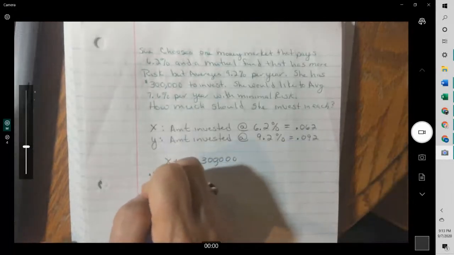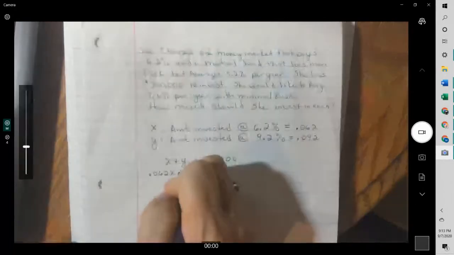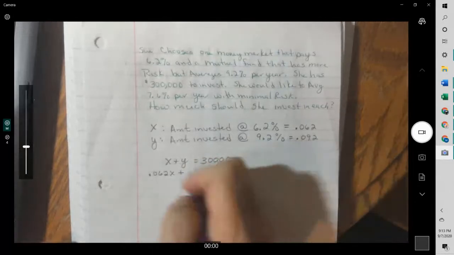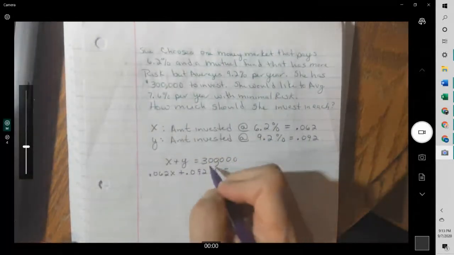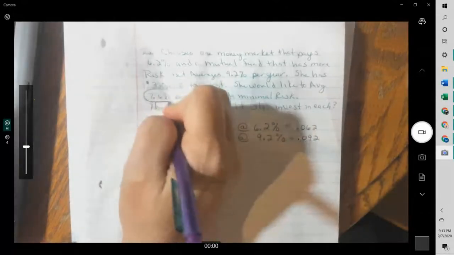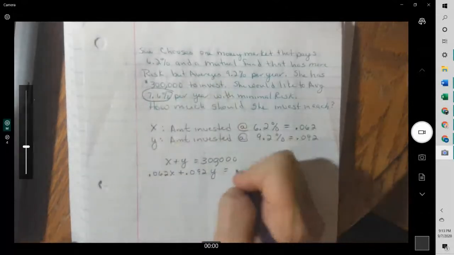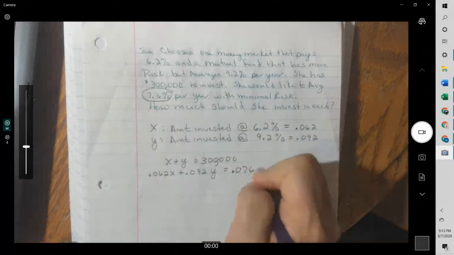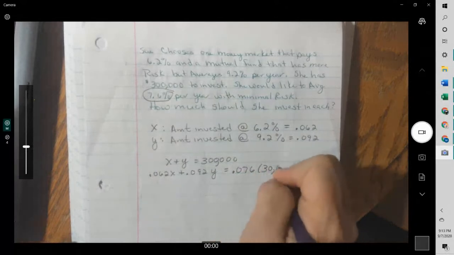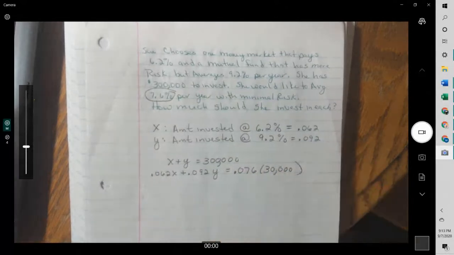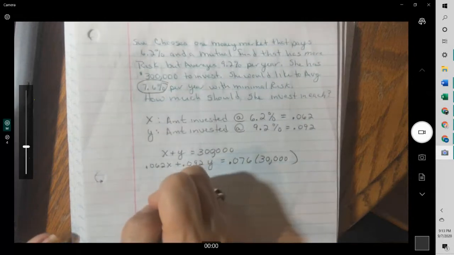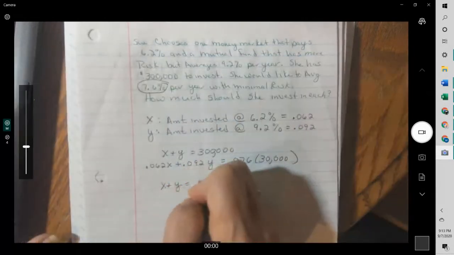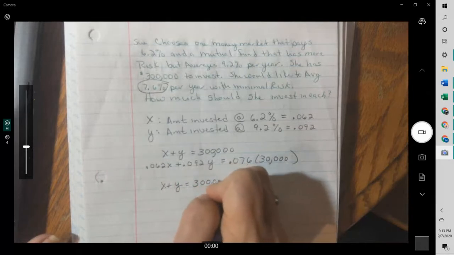So 0.062x plus 0.092y equals, and she wants to get 7.6%, which is 0.076 times the 300,000. So we have x plus y equals 300,000.